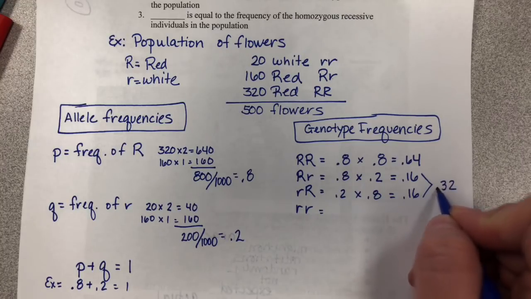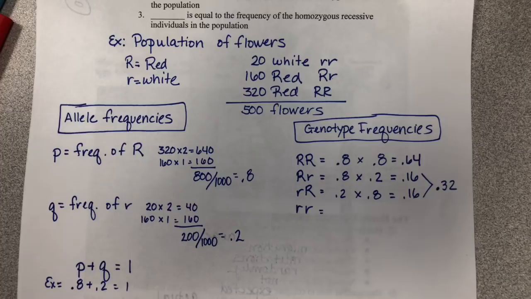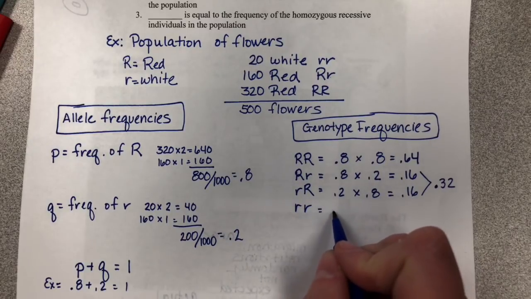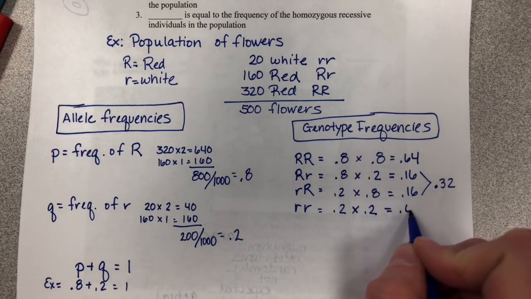You add these together. So 32% of the individuals in the population, if it's in equilibrium, will be big R, little r. And lastly, little r, little r: 0.2 times 0.2 gives you 0.04.